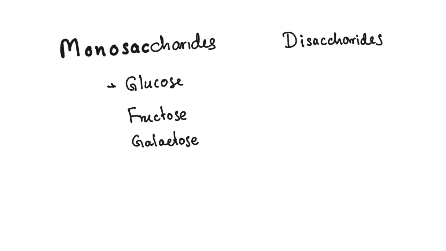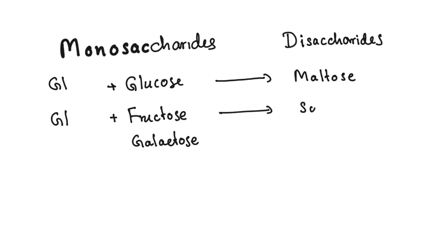When a glucose molecule binds with another glucose molecule, it gives maltose. When fructose reacts with a glucose molecule, that gives sucrose, releasing water.